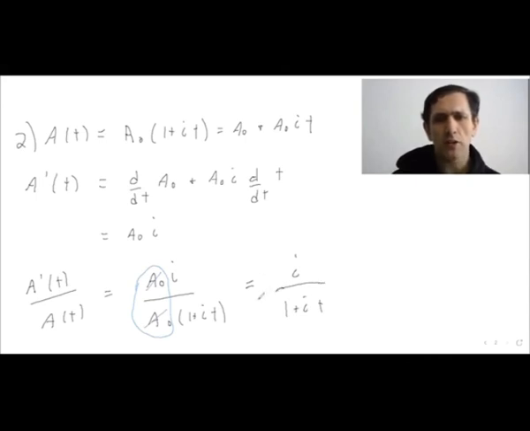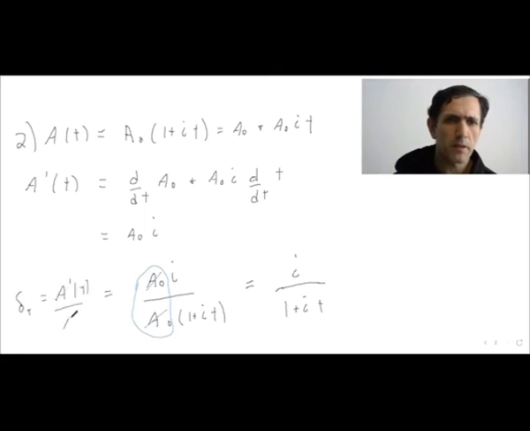So this corresponds to a force of interest. Delta t is going to be equal to i over 1 plus i t.